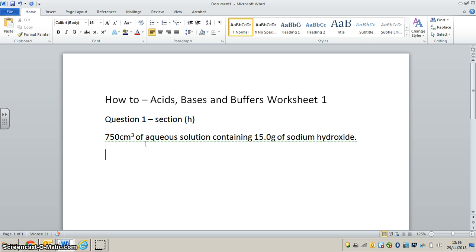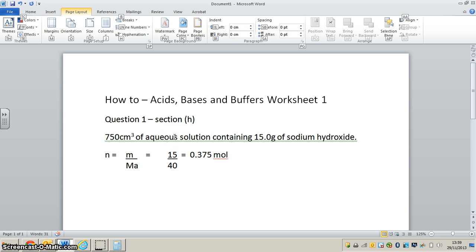So to work out the number of moles, we do the following. So we've got 0.375 moles of sodium hydroxide, but that is not dissolved in a litre or 1,000 centimetres cubed. It's actually only dissolved in 750 centimetres cubed.